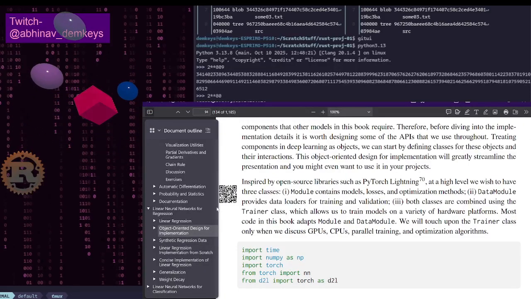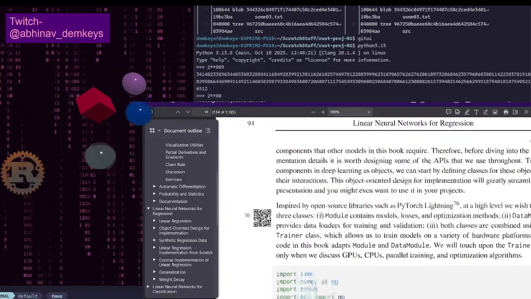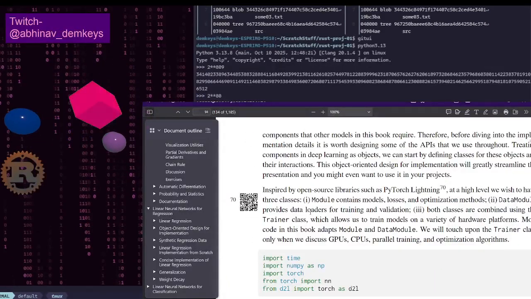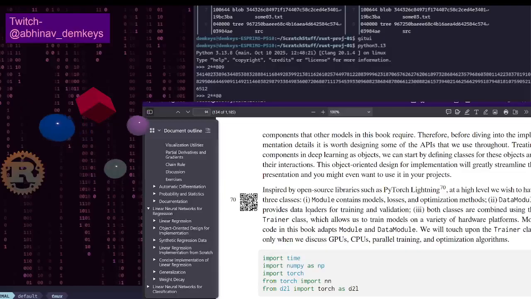I noticed on page 94, linear neural networks for regression, and then object-oriented design for implementation.